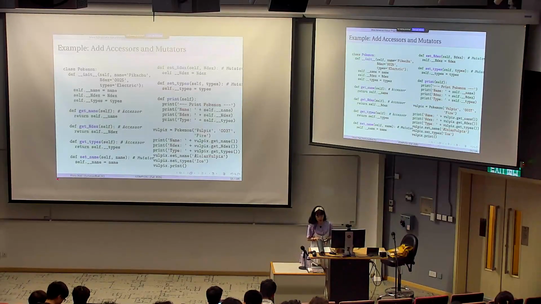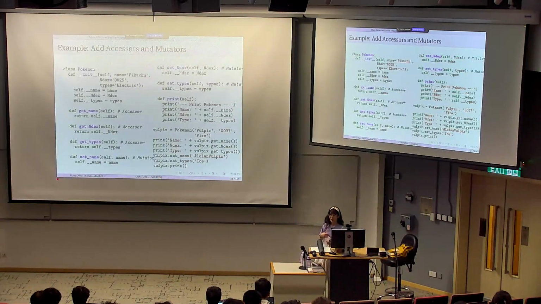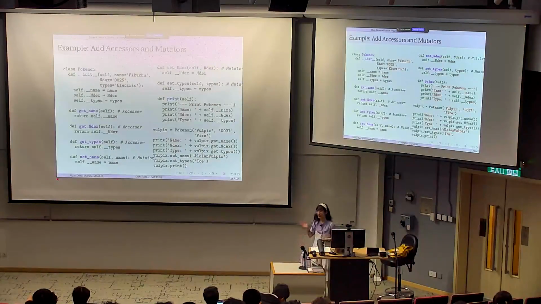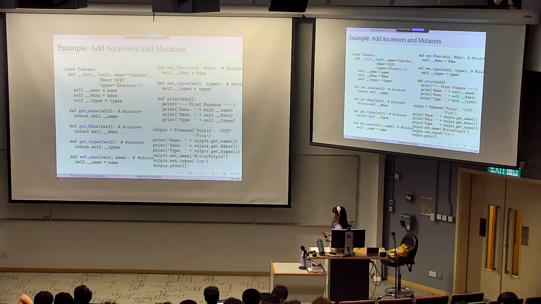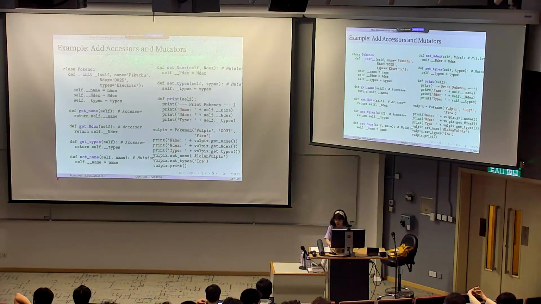Even though when you define a class, everything is by default public, if you add a prefix, a single underscore or double underscore, you can make the instance variables protected or private. After that, you are not legally allowed to directly access or modify their values outside of the class, but we can still do that through the accessor and mutator, like I have shown in this example. So basically that is what we have covered.